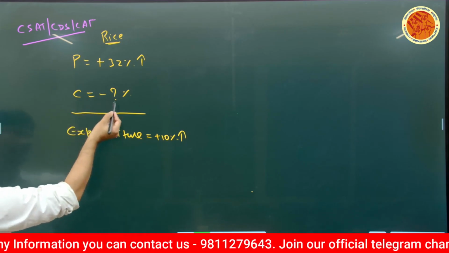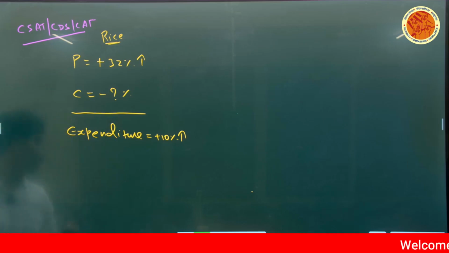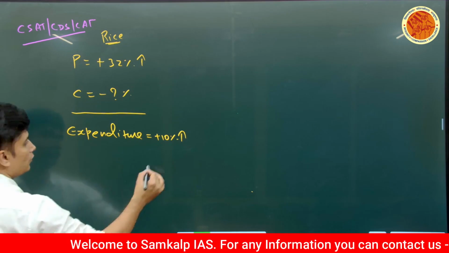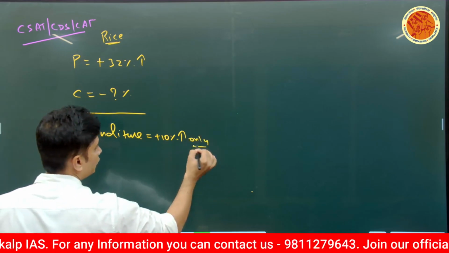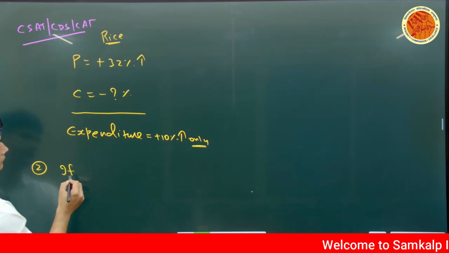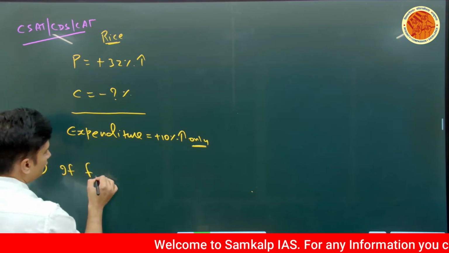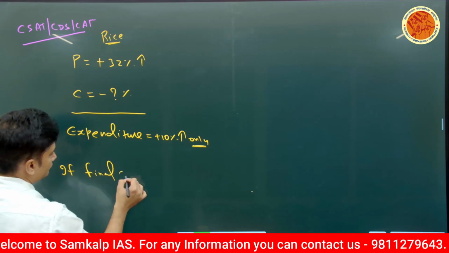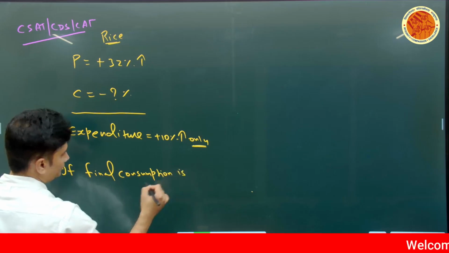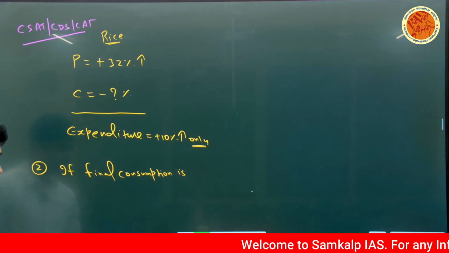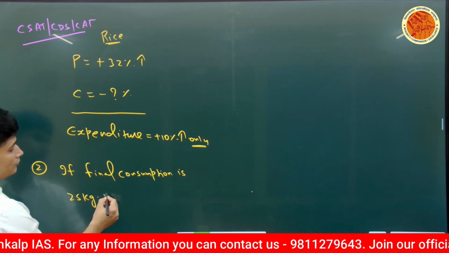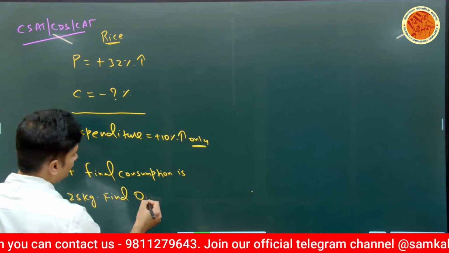This is question number 1. And the second part of the question is: if final consumption is 25 kilogram, find original consumption.